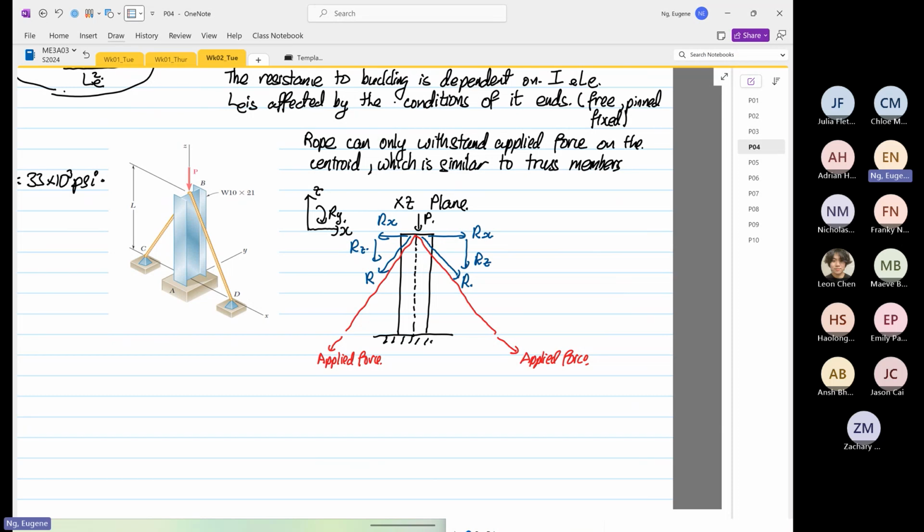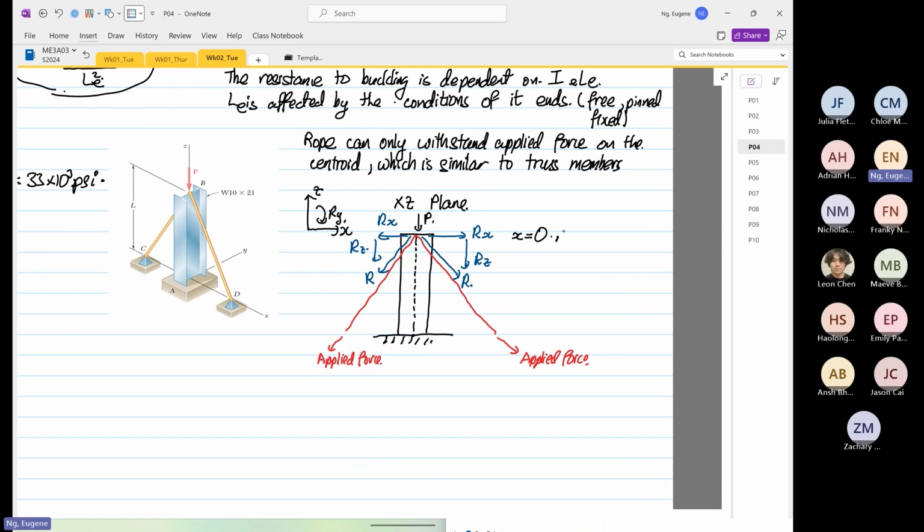So when that's the case, right, we know that at the top, when the rope is like this, or when you have two resistance forces, we know that the X motion is equal to what? 0. When there is no motion, in order to prevent any motion, you must have what? Forces. Okay.